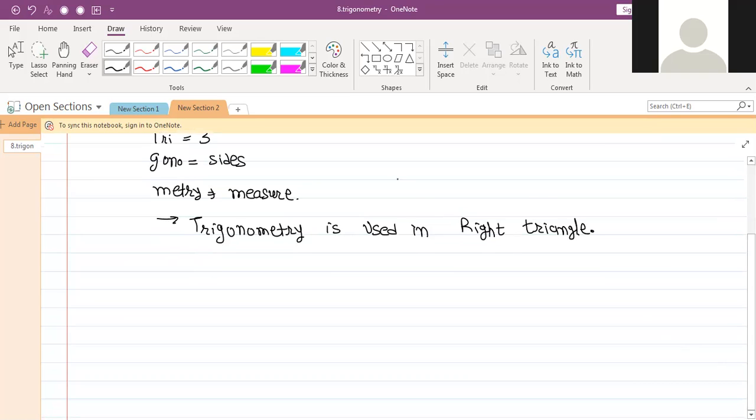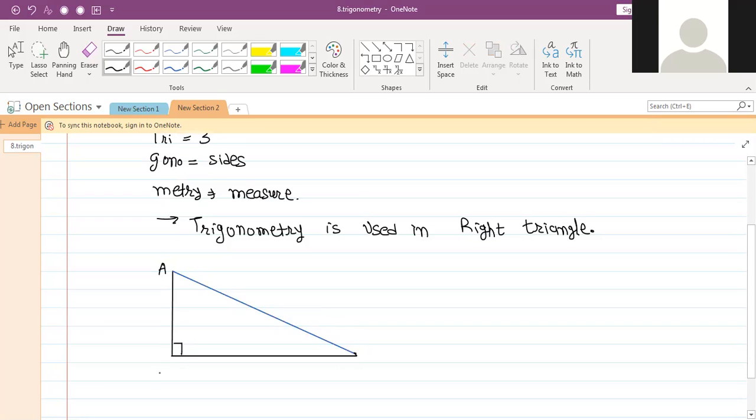What is the difference between these two triangles? I can explain. Suppose here I draw one triangle. So here you see that I draw the triangle. This one is a simple right angle triangle, and here you can see that this angle is a right angle.